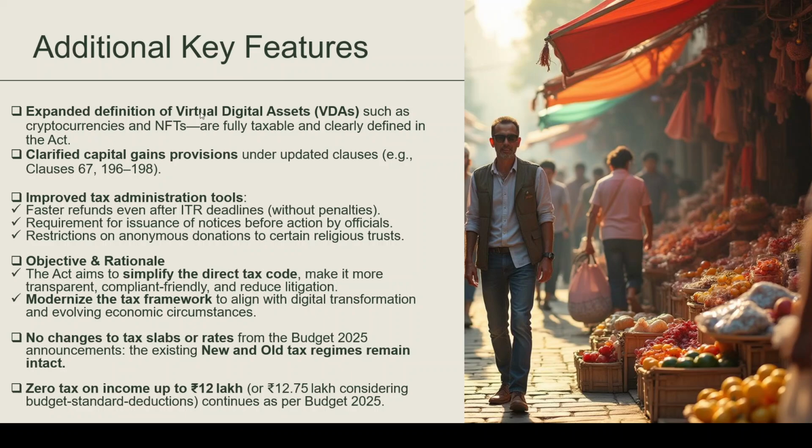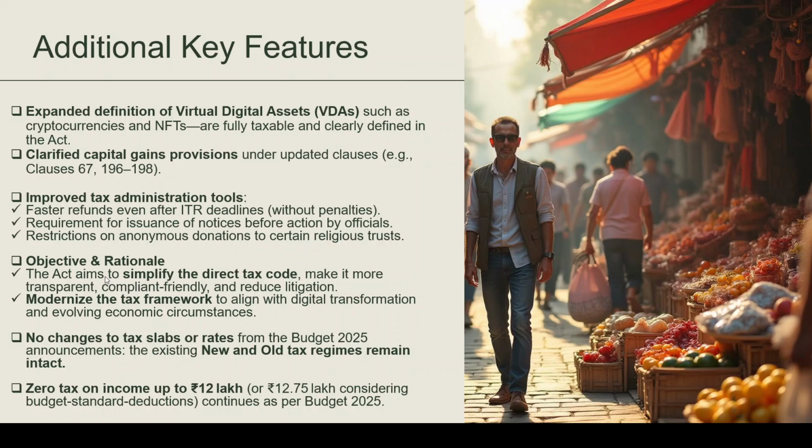So it expanded the definition of virtual digital assets such as cryptocurrencies and NFTs, which are fully taxable and clearly defined in the act. It further clarified the capital gain provisions under updated clauses. It also improved tax administration tools: faster refunds even after ITR deadlines, requirement for issuance of notices before actions by officials, restrictions on anonymous donations to certain religious trusts.